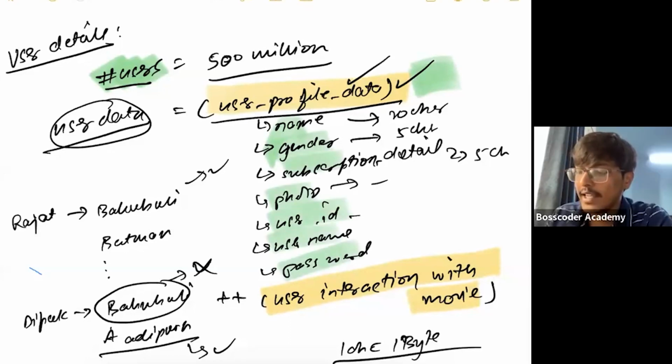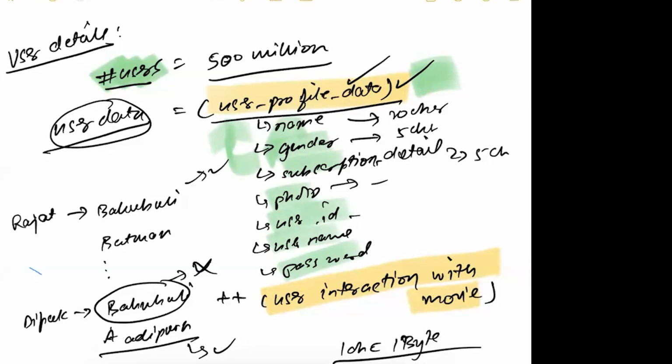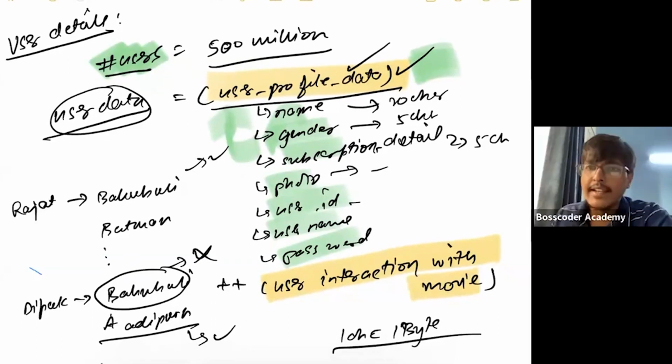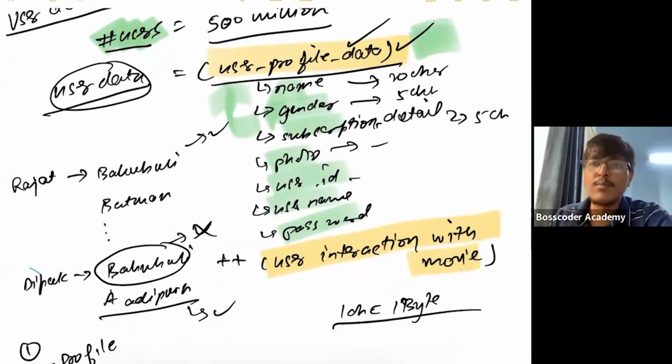Yes. And all of this will consist of the user profile data, right? All of these are user profile data. Make sense? And the second part is the user interaction with movies, right?